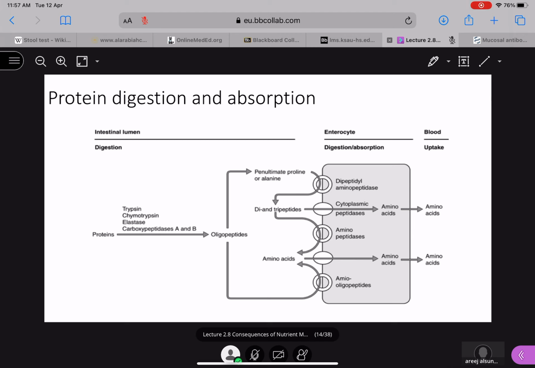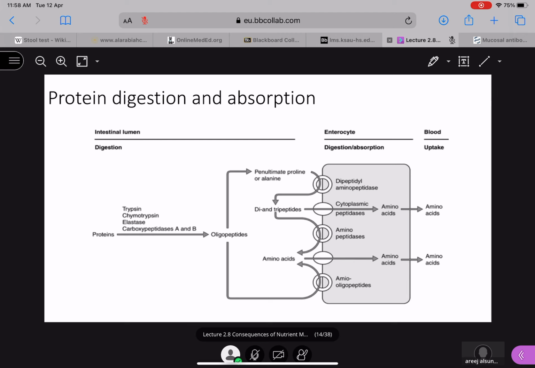The larger part of the digestion, the main part of digestion, happens in the duodenum, where the pancreas will secrete the pancreatic juice. This pancreatic juice includes trypsin, chymotrypsin, and other enzymes. These enzymes are secreted from the pancreas in an inactive form, because imagine if they were secreted in an active form, they would digest the pancreas itself.